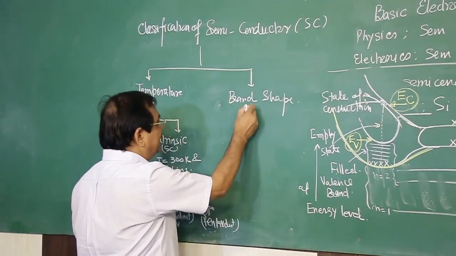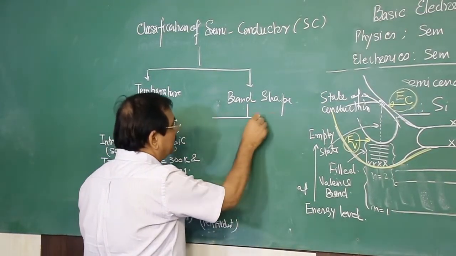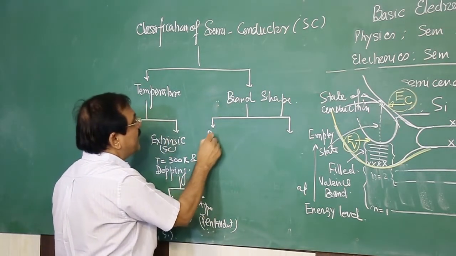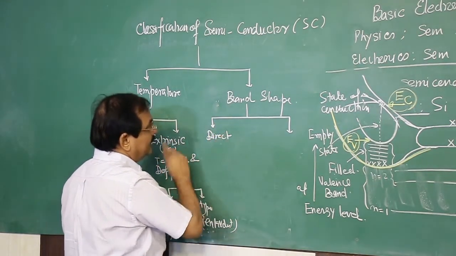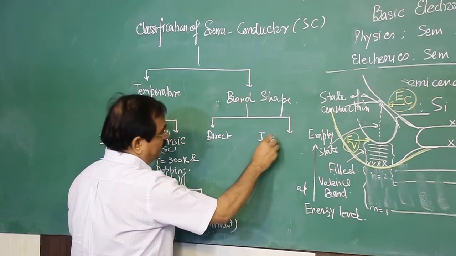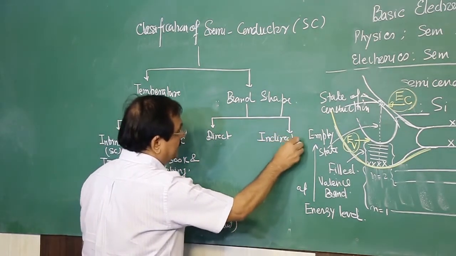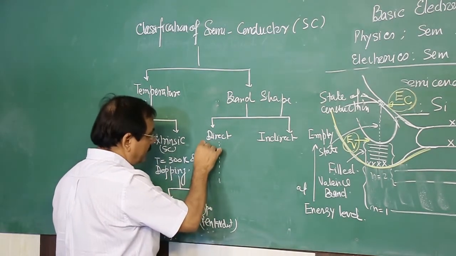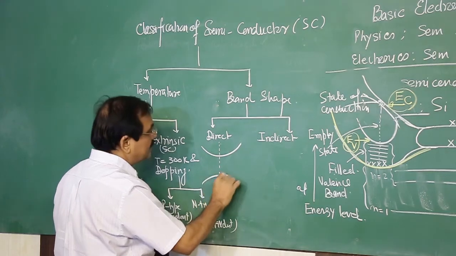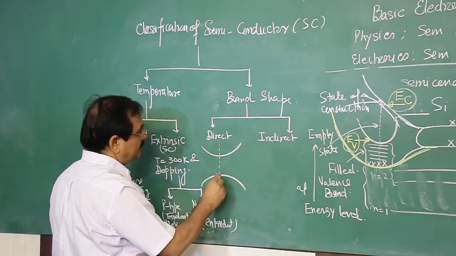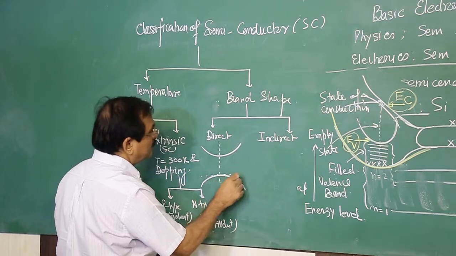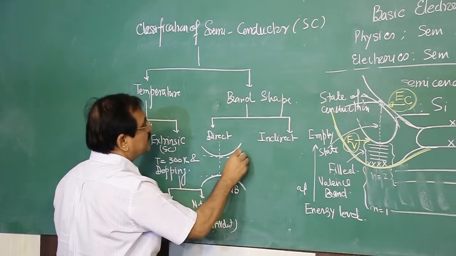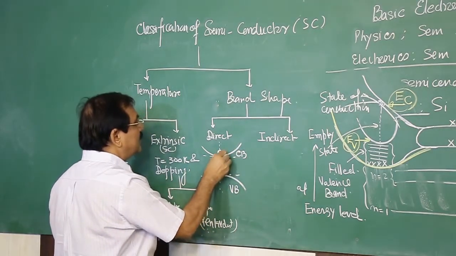On the basis of band, there are again two types of semiconductor. One is direct and the other is indirect semiconductor. Direct semiconductor can be expressed like this. This is the valence band, here it is the conduction band, and this electron is here.